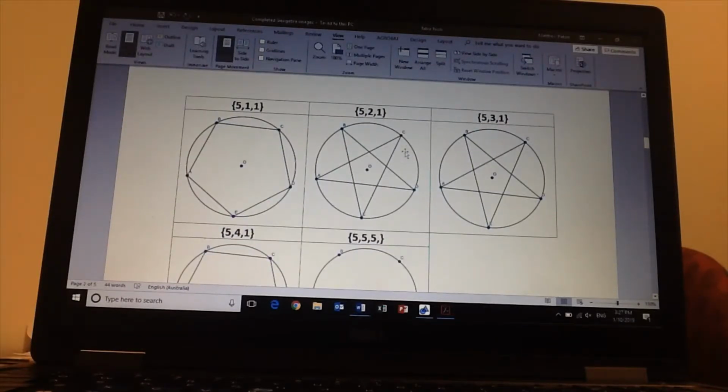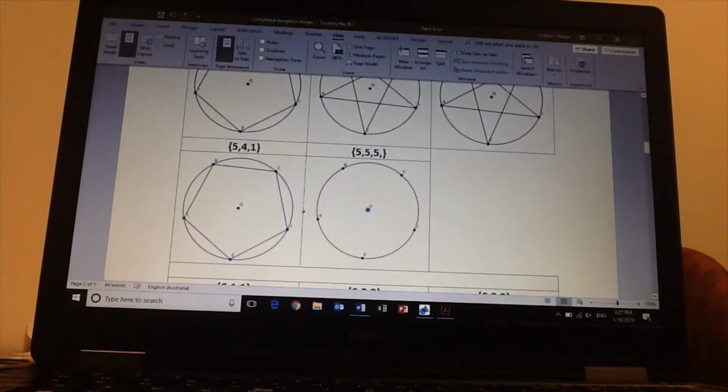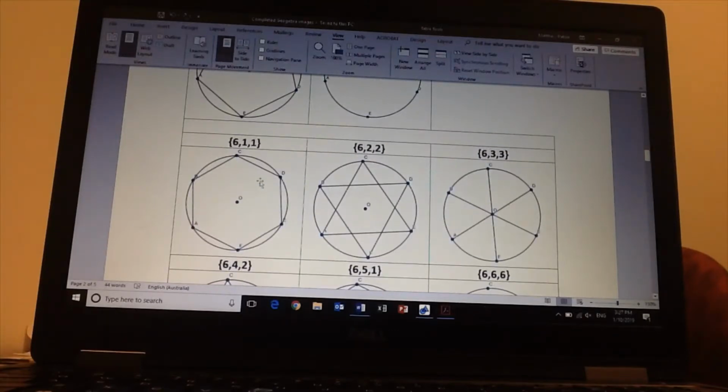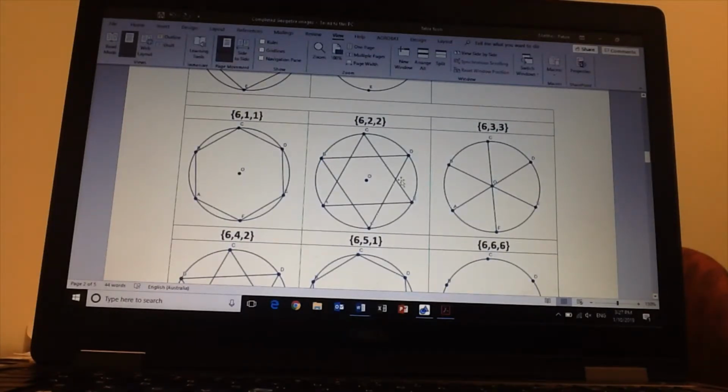With 5 points on the circle, as you can see, it's creating a pentagon into a 5-sided star, recreating the pentagon, and into no chords as well. For our 6 points on the circle, creates a hexagon. Then we're into a hexagram.